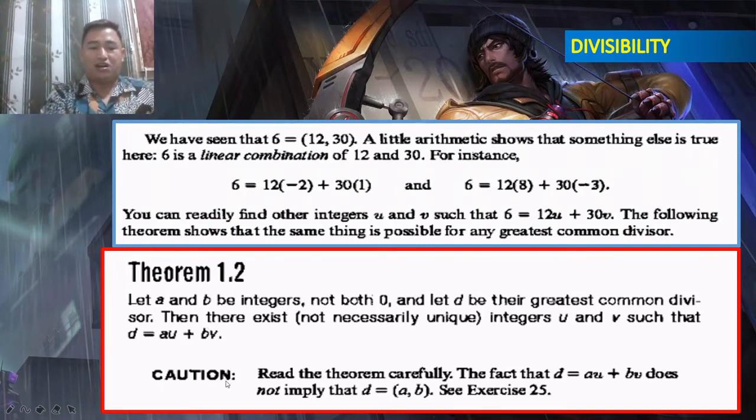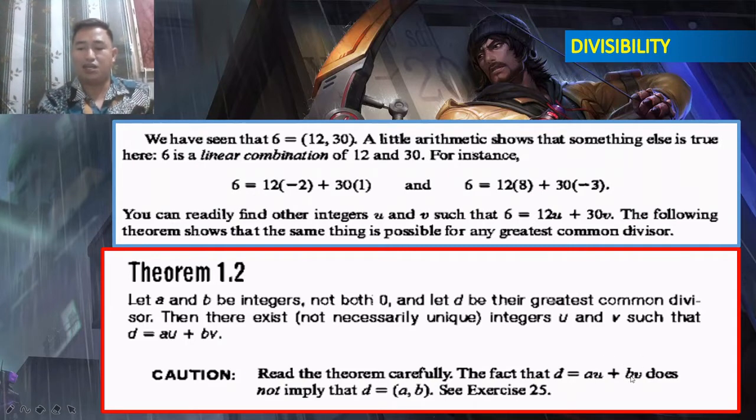Okay, so caution. Read the theorem carefully. The fact that D is equal to AU plus BV, so, kani class kay naani sa den part. So, atong i-assume class kani na diri dapit. Okay.